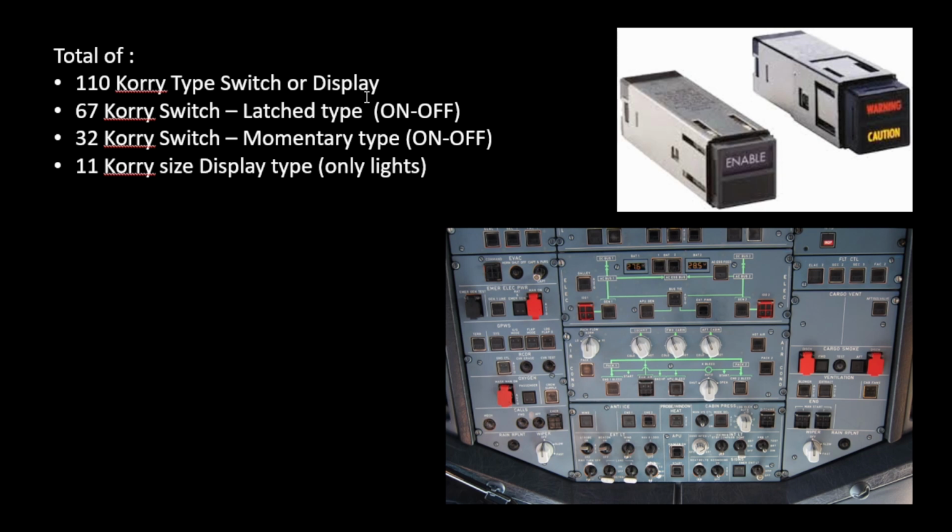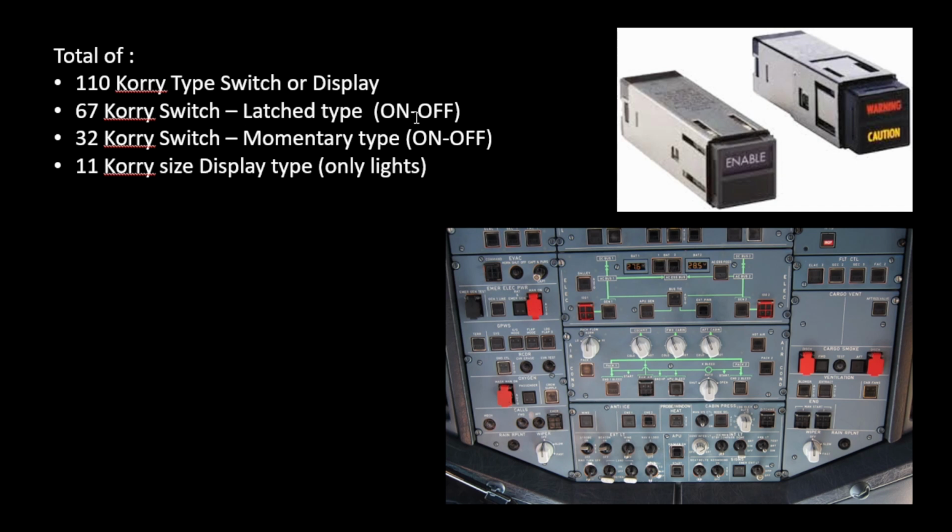The other panel that uses a lot is the MIP, the main instrument panel in front of us, where the ND and ECAM displays are, for the gear and the auto brake, for example. There's also a small number of Corey switches or displays in the pedestal, for the fire display and the door, for example, and other things. So mainly in the overhead, then in the main instrument panel, and then a small number in the pedestal.